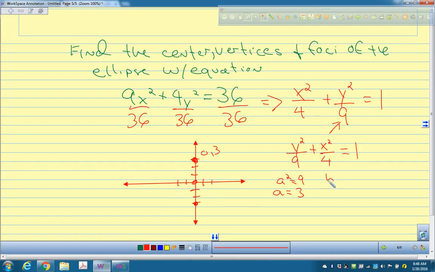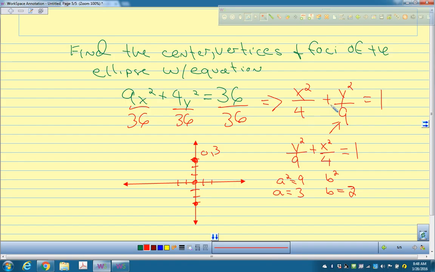Right, so the bigger number is always a, so I put that first. Yeah? Okay, so b is equal to 2. It's a vertical ellipse, going this way, right? You understand that? Because the number underneath the y squared is bigger than the number underneath the x squared.